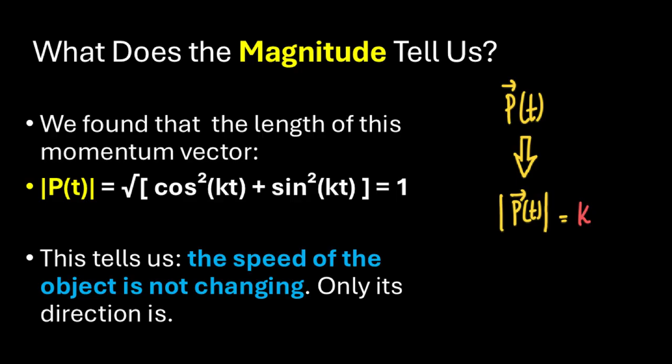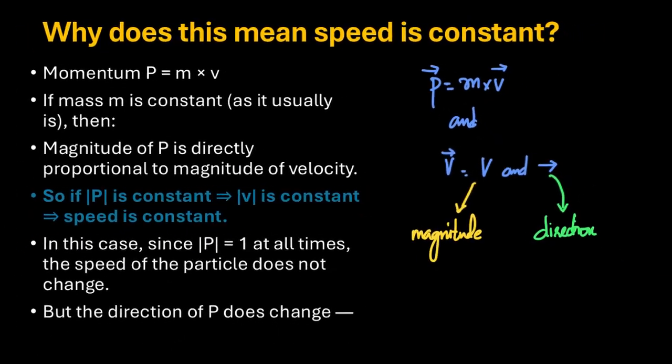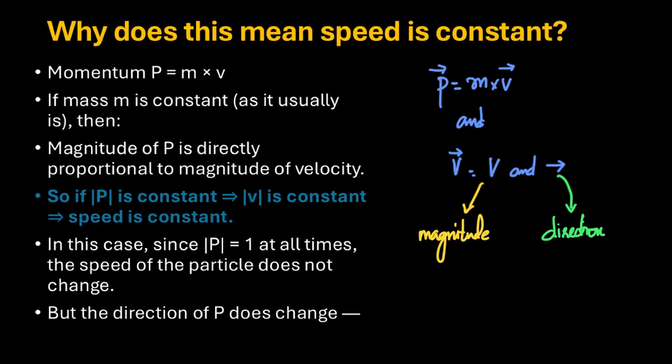What would that mean? Magnitude of vector p is a constant. This actually means that the momentum vector, which is equal to mass into velocity vector, has two components. One is mass, which is a constant, and then the velocity vector, which has both magnitude and direction.